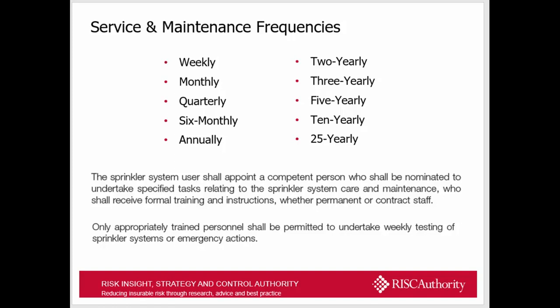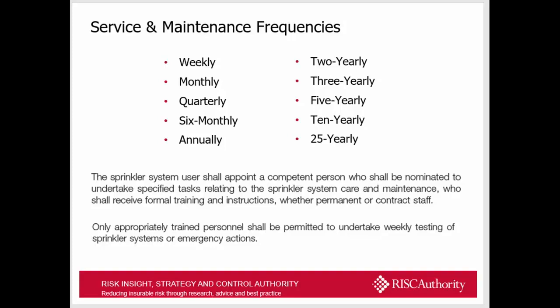And as you can see, there are quite a few disciplines to be undertaken frequently. On top of this, importantly, the building owner, occupier, or the system user has to appoint a competent person who is nominated to undertake tasks related to the service and maintenance of the sprinkler system, who has been trained and given adequate instructions on their responsibilities and the disciplines they should be undertaking on behalf of the building owner, occupier or system user.